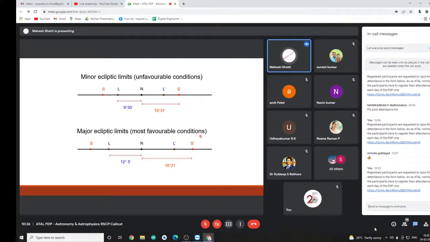Under most favorable conditions, when the moon's size is larger, the moon is at perigee, and the sun's angle subtended at the moon's orbit is also larger, we get more favorable conditions for eclipses, and the ecliptic limit can go to something like 18 degrees 21 minutes for solar eclipse and 12 degrees 5 minutes for lunar eclipse. 12 degrees 5 minutes for lunar eclipse multiplied by 2 on both sides gives a total distance of 24 degrees.